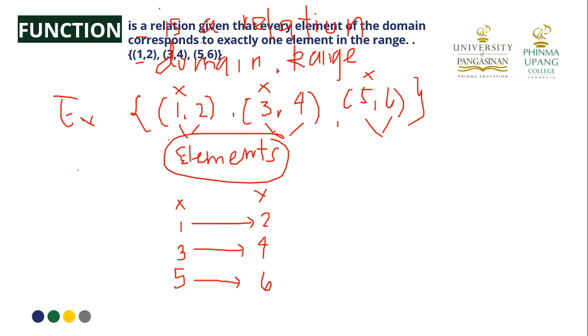So marami ng tawag sa domain or x. Pare-pareho lang yung mga yun. Domain, input, x, and independent. Next naman sa range, pwede siyang maging dependent kasi pwede siyang umasa kahit ilan. Okay? Yung range natin, dependent siya. Pwede siyang kumapit sa domain ng ilang beses. Yes, Miss Kacho?